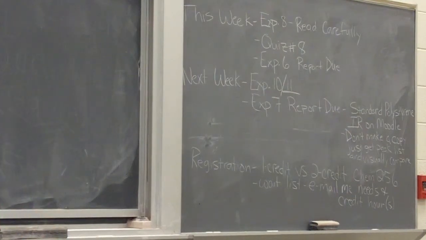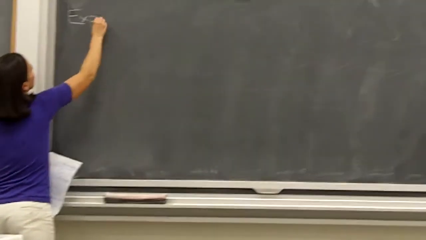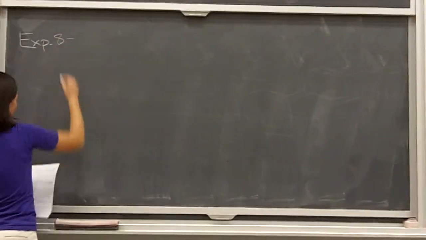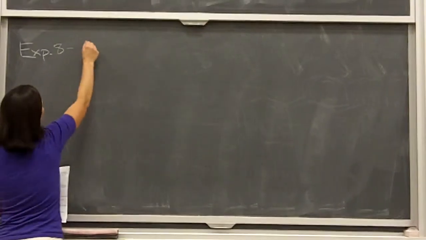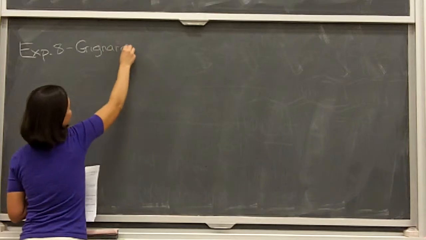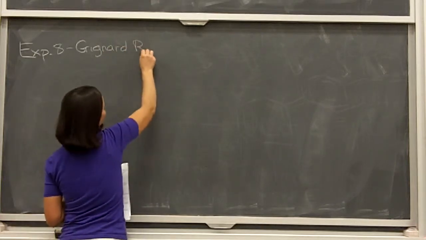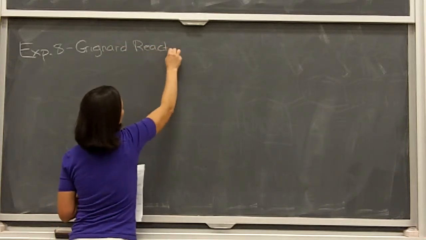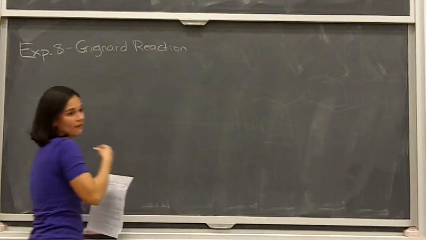All right, so let's look at Experiment 8 and all the fun that is going to be involved this week. In Experiment 8, we are going to complete a Grignard reaction, which is not something that is typically taken on in a sophomore level, especially first semester sophomore level organic lab.